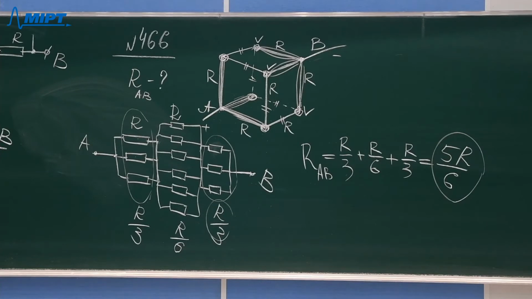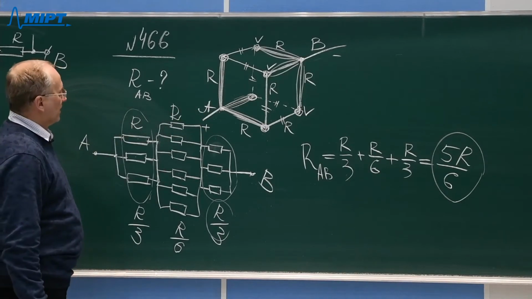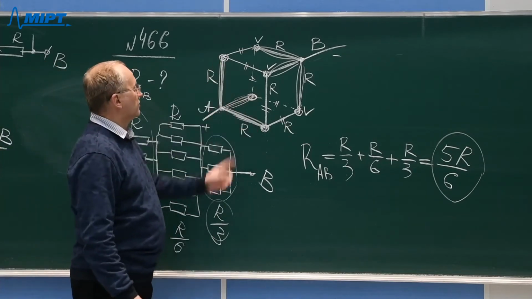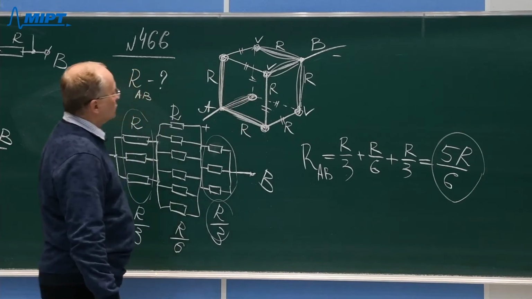Such is the solution of this problem. First step, we have to figure out what may be the equivalent scheme of a wire cube. And we find the equivalent scheme based on consideration of different potential differences on various sections of this cube.